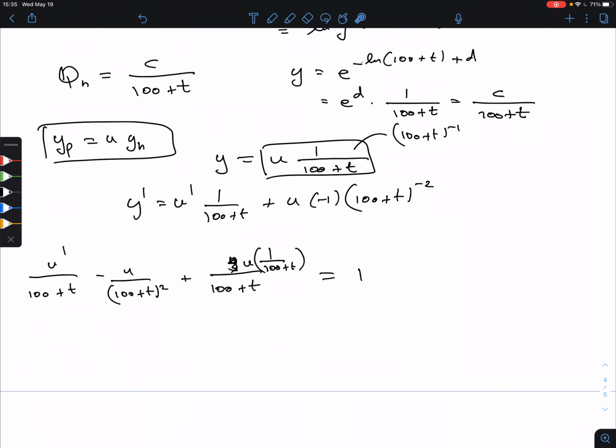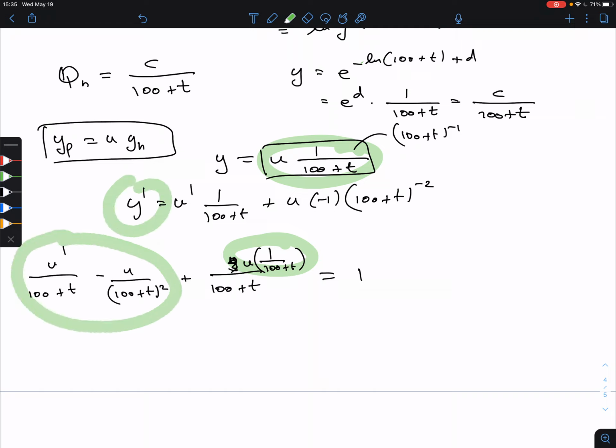Let me mark it in case you got a little bit lost from where everything came from. So this is y, this is why I had a y here, and this whole thing is y prime. Okay, this is y prime, this is y, and that was equal to 1.